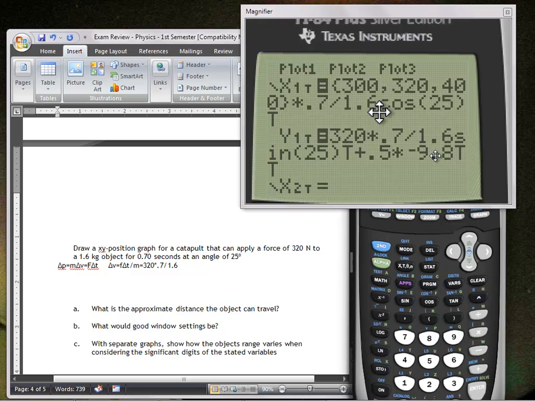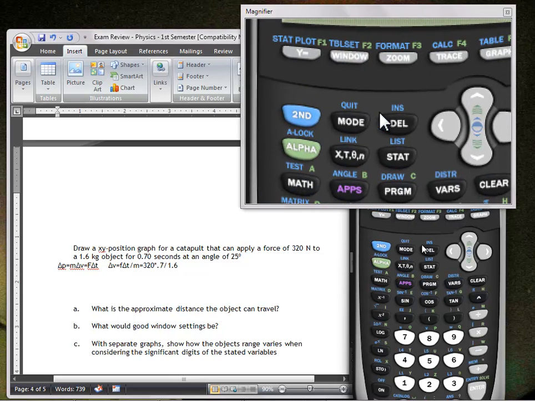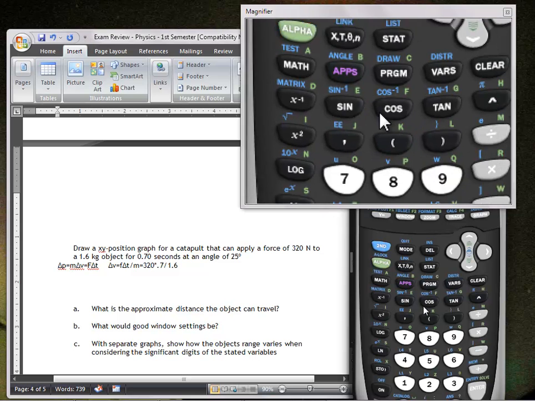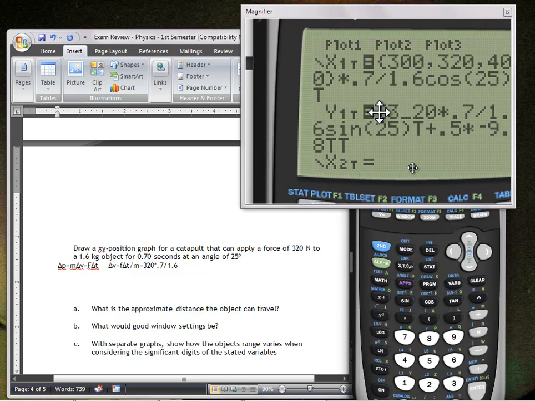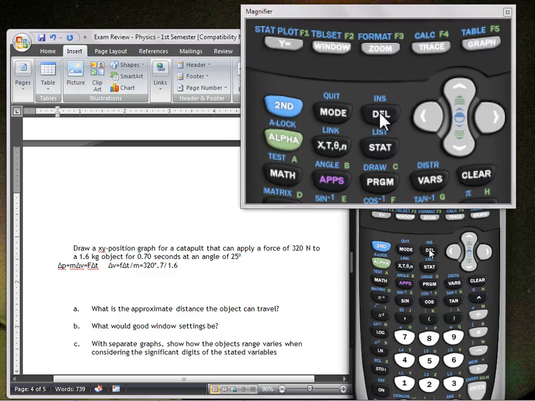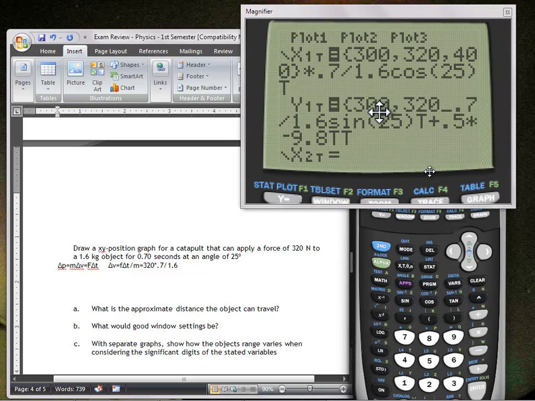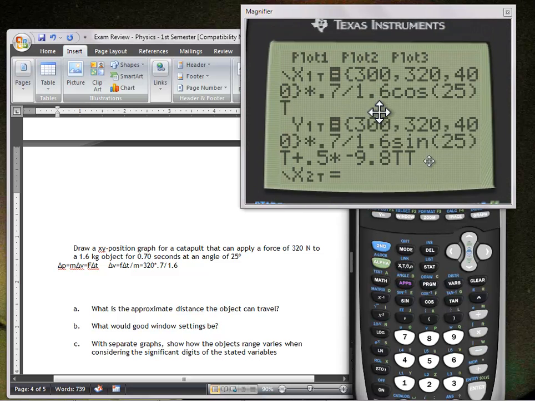We've got to repeat these steps for y equals, and we can do again second insert, second brace, and we'll type in 300 and a comma and 320, and then we'll do again second insert, comma 400, and closing brace, second parenthesis.